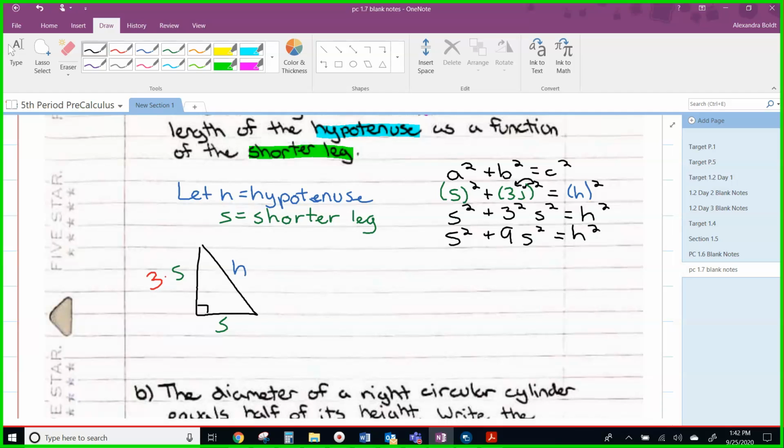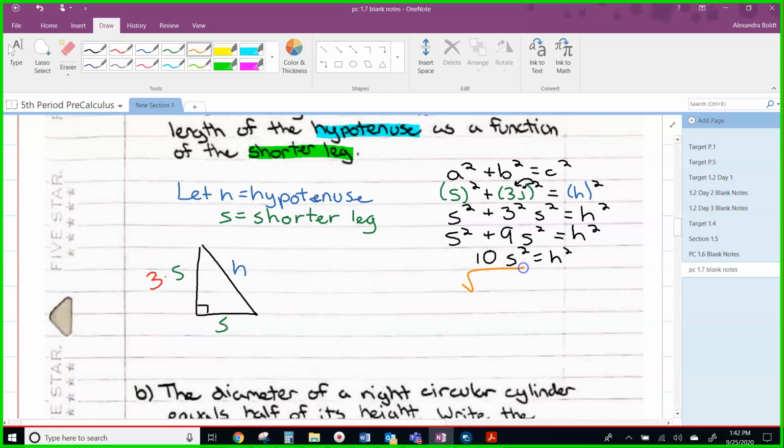So s squared plus 9s squared. So I'm going to combine these. s squared plus 9s squared is 10 s squared equals h squared. And then I'm going to take the square root of both sides because I'm solving for h.